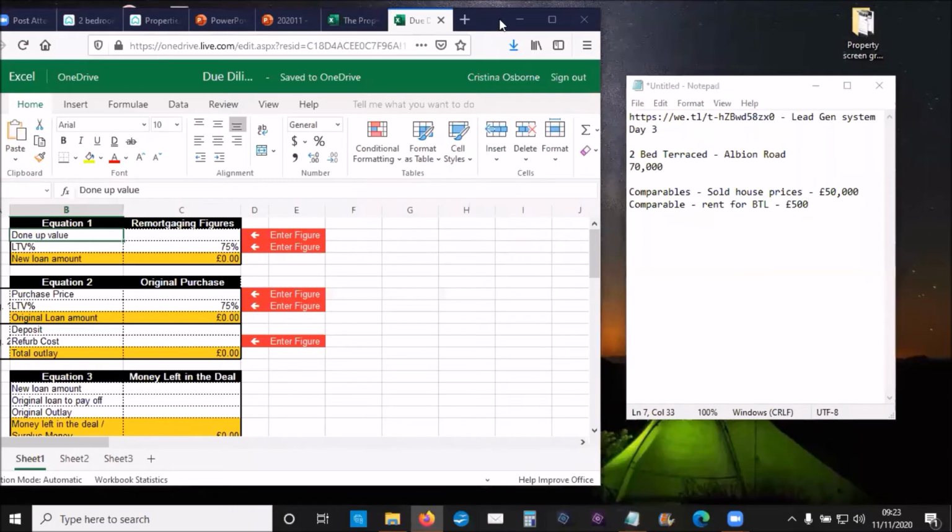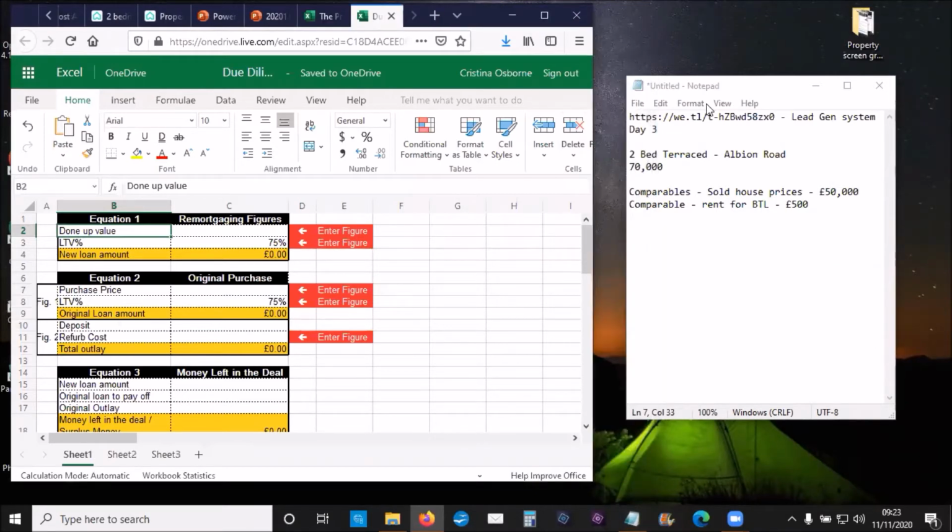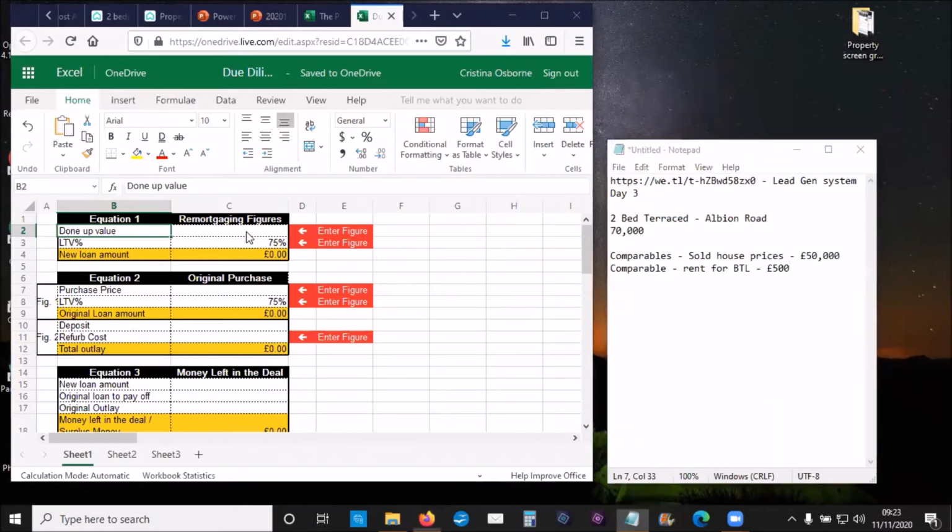Okay, so our done-up valuation on this property is 50,000. Okay, this is what we determined that the done-up valuation is.